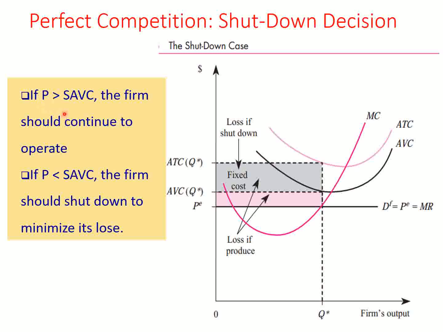In general, if price is greater than short-term average variable cost, the firm should continue to operate. If price is less than short-term average variable cost, the firm should shut down to minimize its loss, because with every item that we produce, there is a loss associated with it. So to minimize that, we have to shut down our factory at the point where price equals average variable cost.